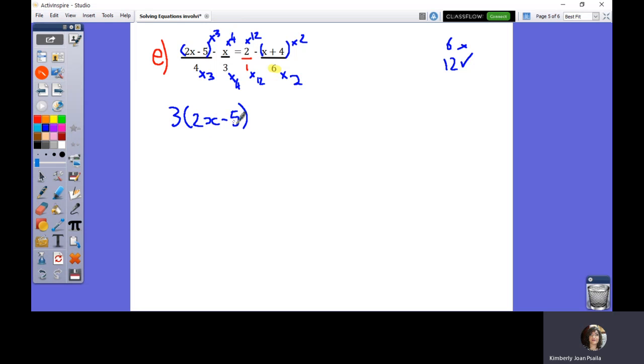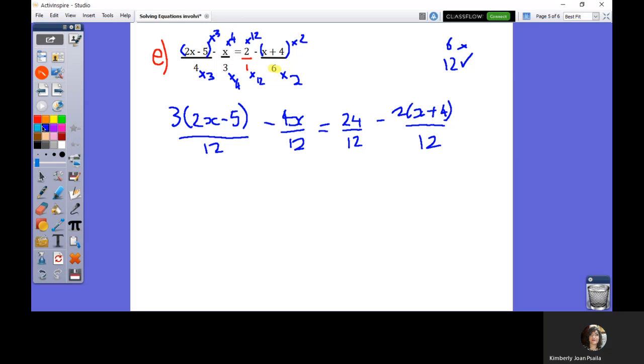We have to multiply 3 by all the values in here, all over 4 times 3 is 12, minus x times 4 gives us 4x all over 12, is equal to 2 times 12 gives us 24 all over 12 minus 2 brackets x plus 4 all over 12.